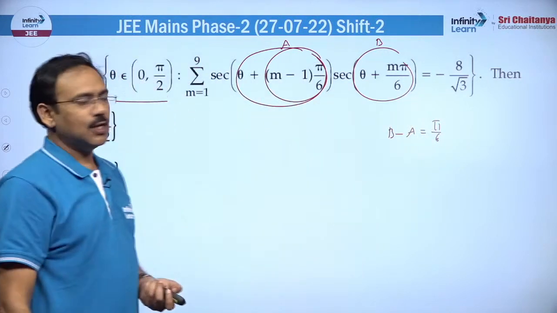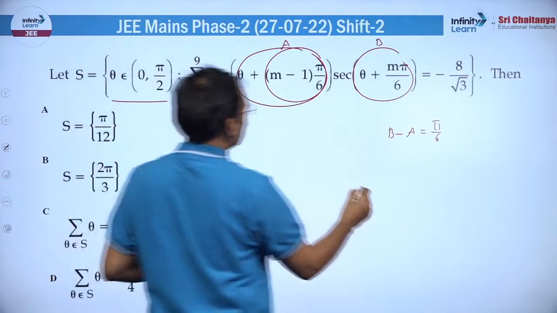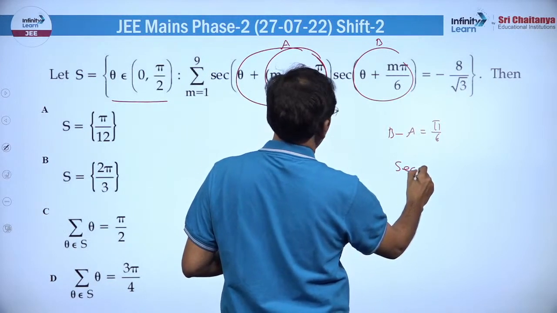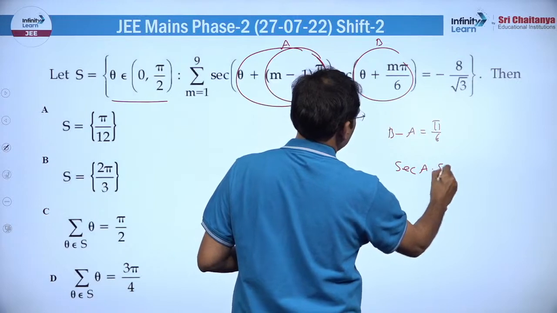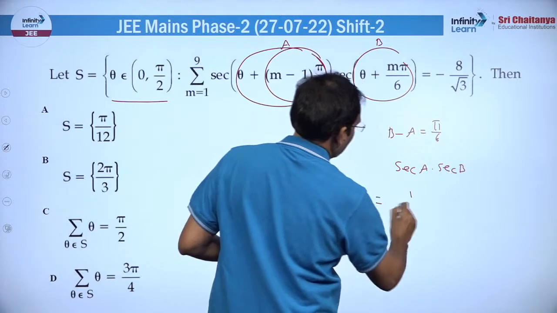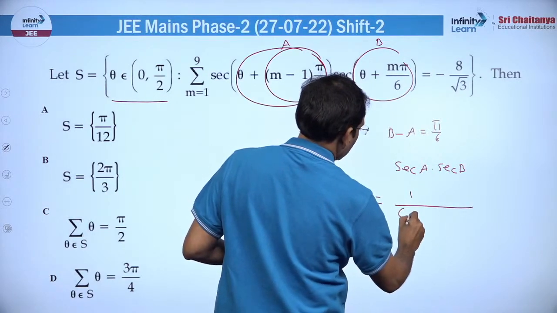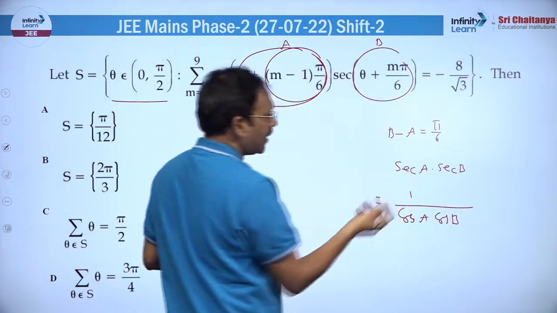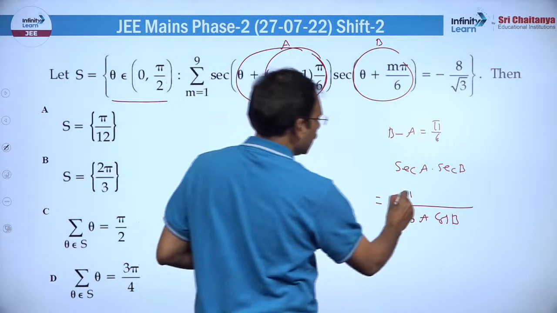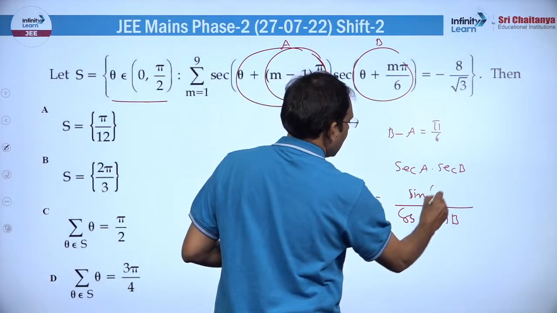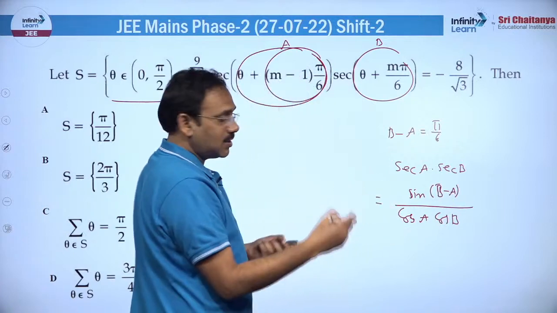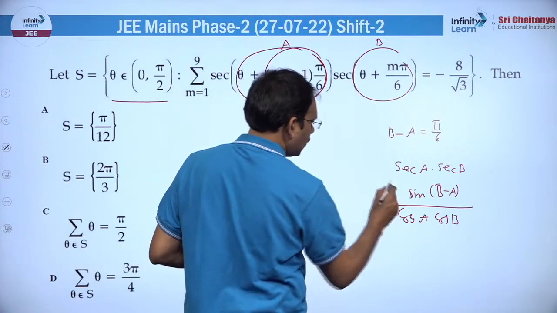So this expression is like secant A into secant B, you can write 1 by cos A into cos B. Since B minus A is pi by 6, you just apply sin of B minus A, which is sin 30 degrees, 1 by 2 here. So you write 2 here.